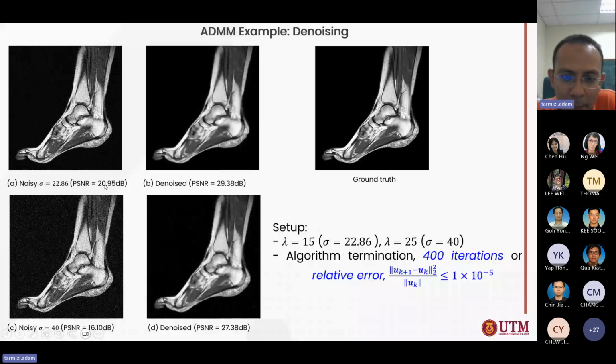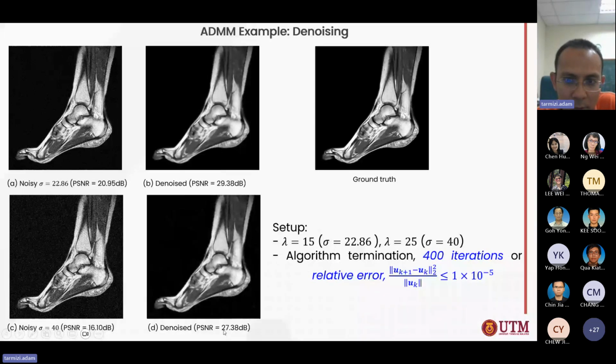If you denoise this using ADMM with this setup over here, you have quite a large improvement, 29.38 decibels. And the bottom image, I increase the noise a little bit, with the noise level at 40 over here. You can see the PSNR value is quite low, 16.10. And if you denoise this using ADMM, you will get up to around 27.38.